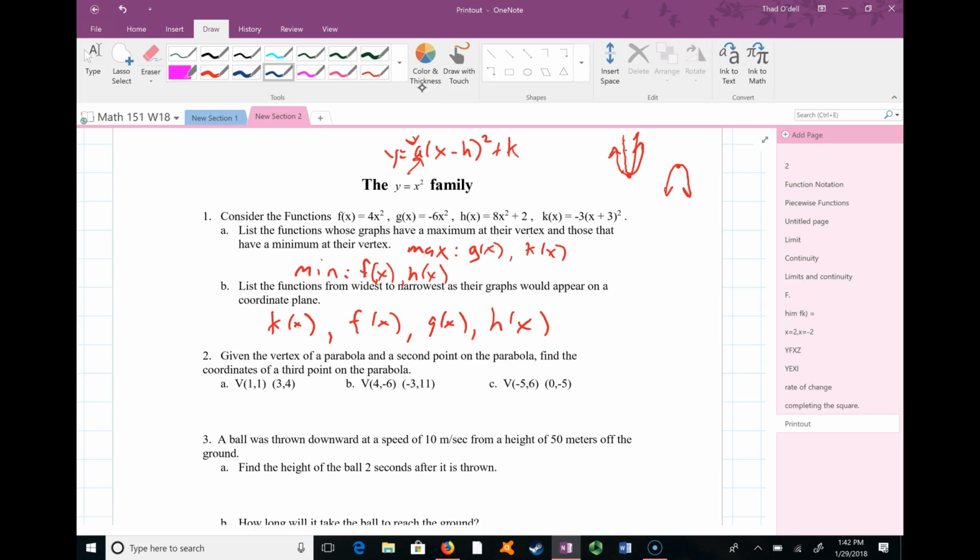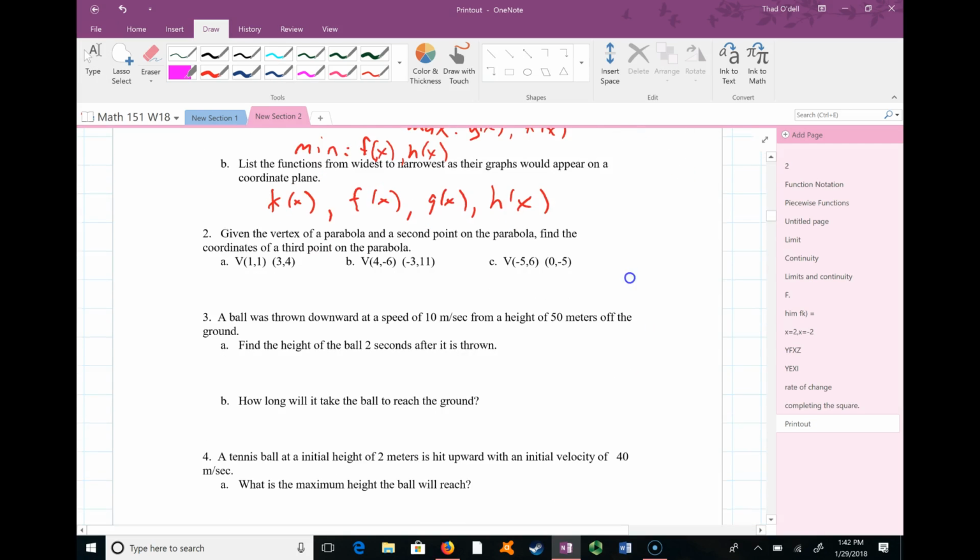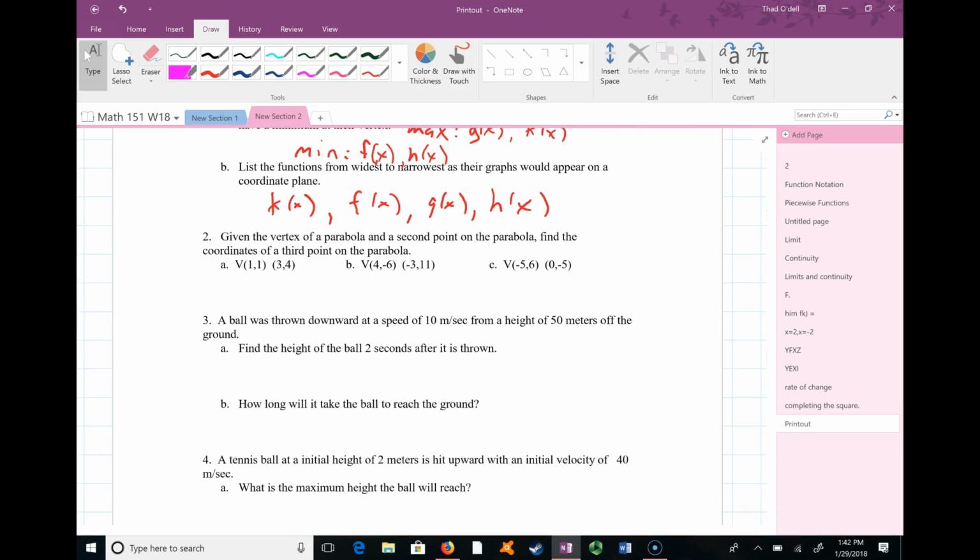Okay, given the vertex of a parabola and a second point on the parabola, find the coordinates of a third point on the parabola. So this is completely based on the idea of symmetry. We know the parabola normally looks like this. Since the vertex is at 1, 1, that's what this is telling us. So if I go from there over 2, up 3, I hit a point on the graph.